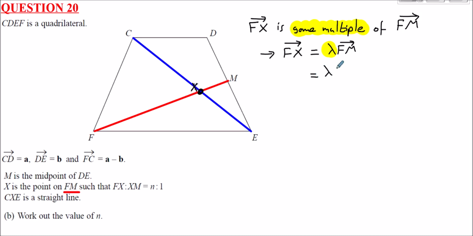So we can work out what this is in a bit more depth. So how can I go from F to M? Well, I can go from F all the way to M by going FC, then from C to D, and then D to M. But we're told that M is the midpoint of DE, and so DM is half of DE.